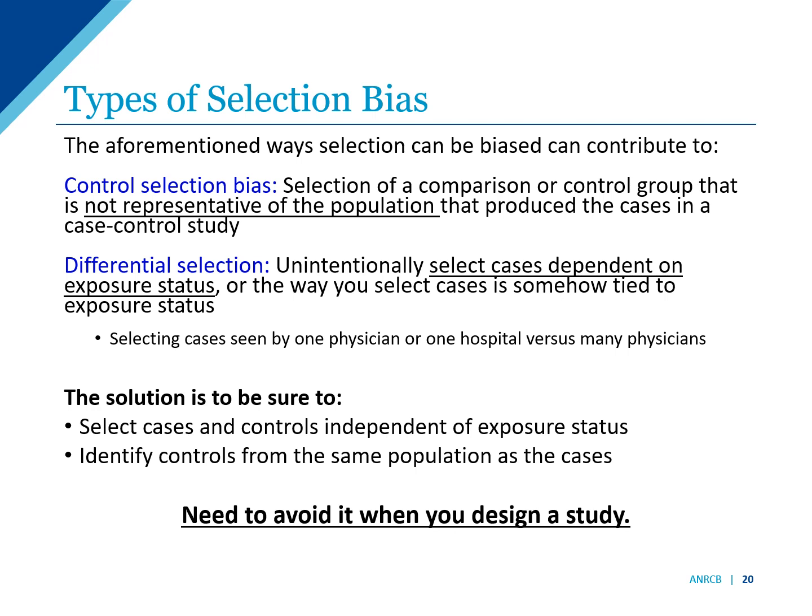An example is selecting cases of some disease seen by one physician or one hospital versus many different physicians or a sample of hospitals. And they may have a different exposure status or exposure disease relationship than others. The solution is to be sure to select cases and controls independent of exposure status, and to identify controls from the same population as the cases. You need to avoid this when you design your study.